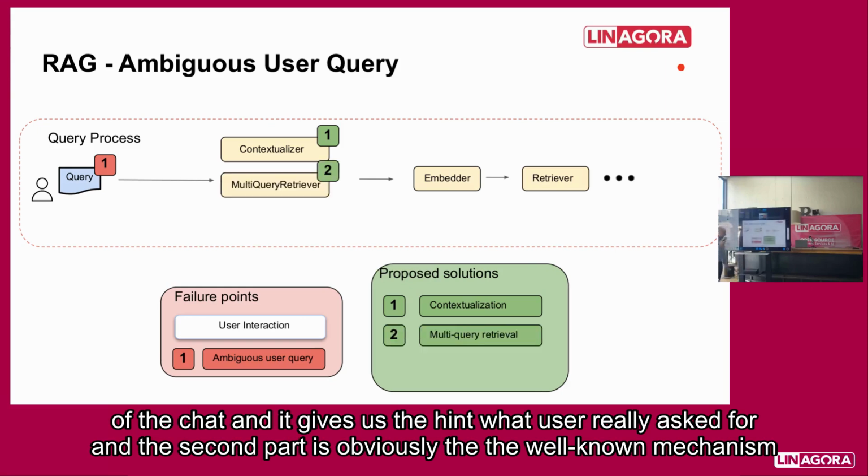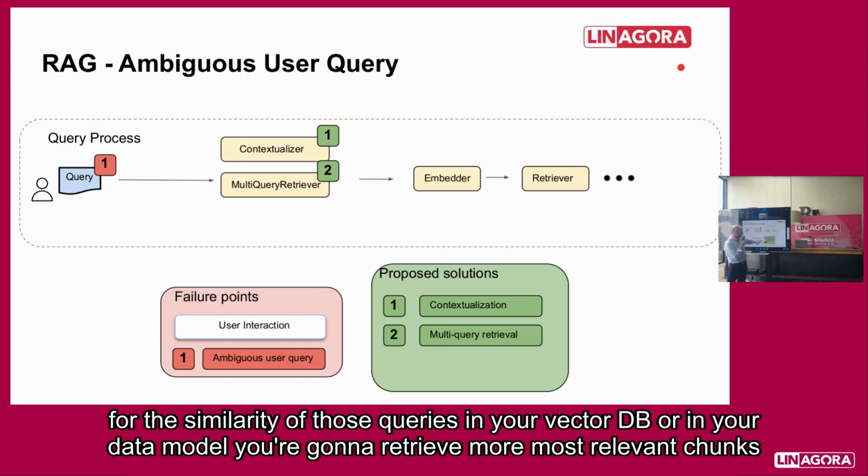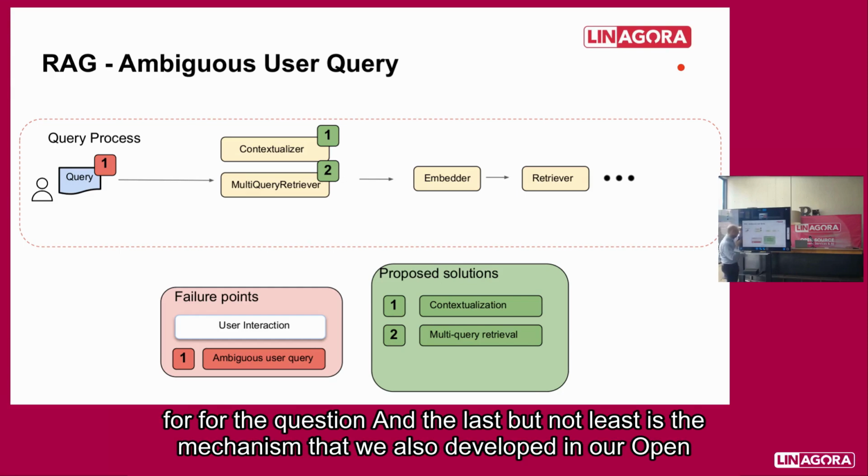The second part is the well-known mechanism called multi-query retrieval. Basically, given a user query, you generate multiple queries, hoping that by searching for the similarity of those queries in your vector DB or in your data model, you're going to retrieve the most relevant chunks for the question.